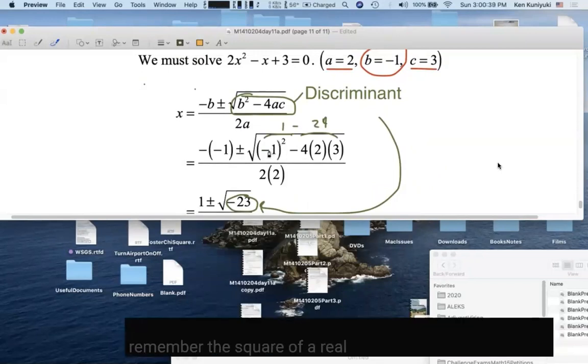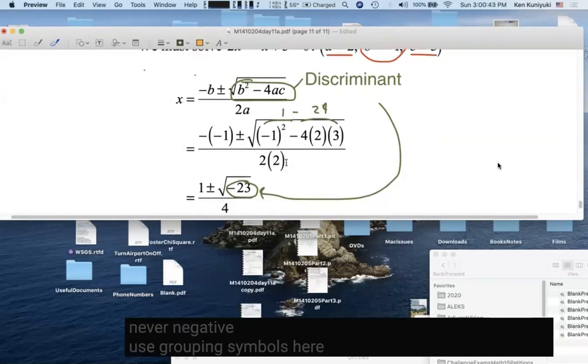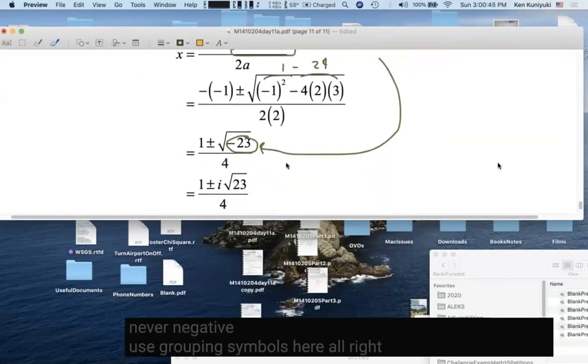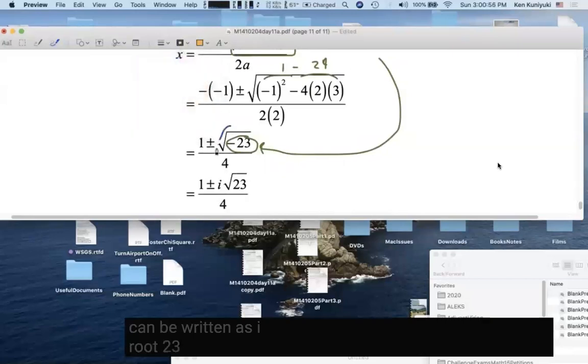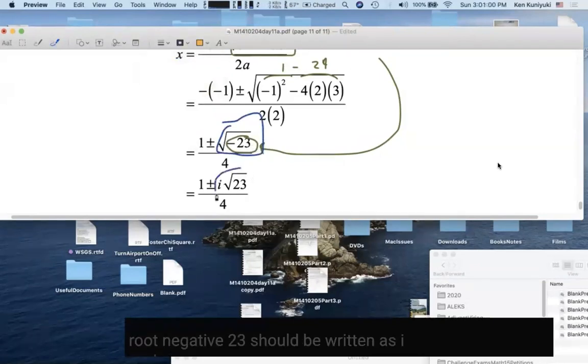Remember, the square of a real number is never negative. Use grouping symbols here. All right. The principal square root of negative 23 should be written as i root 23.